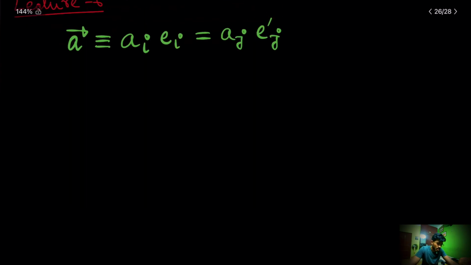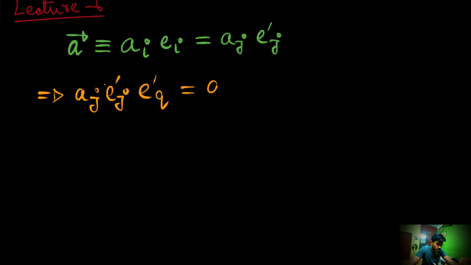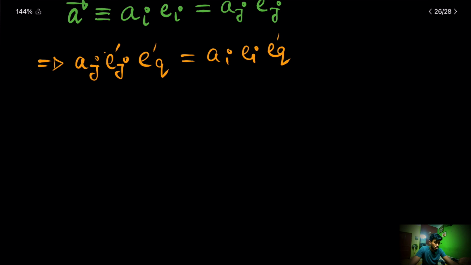So now what we will be doing is, I can write Aj ej dash, and now I can multiply with eq dash on both sides, okay. Now here I will ask you a question. Can you recognize this one?